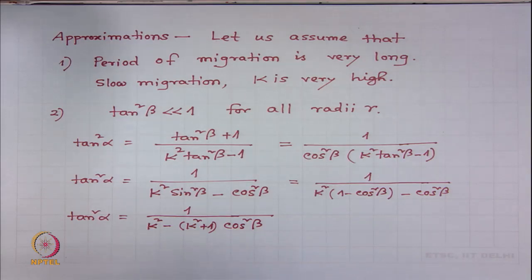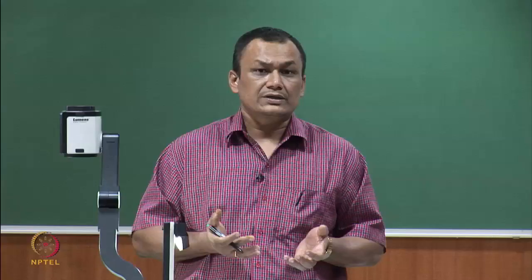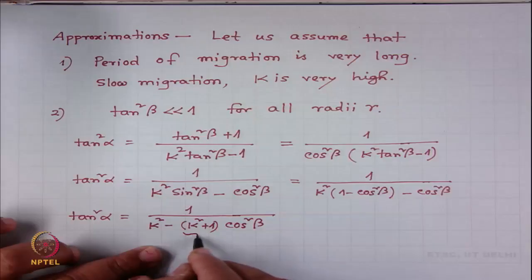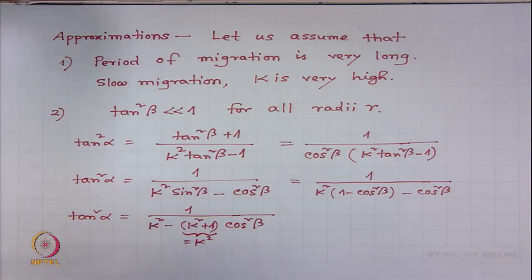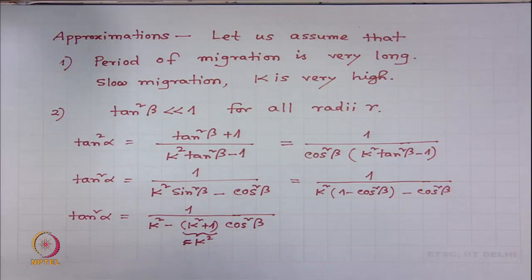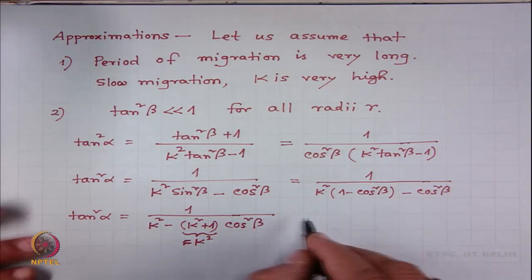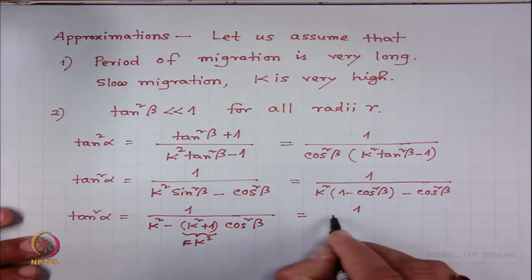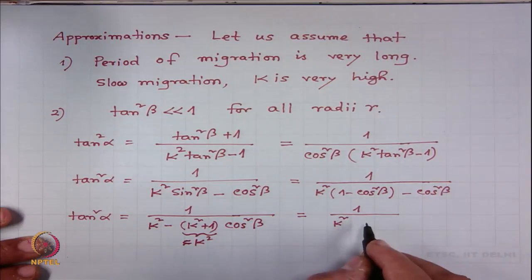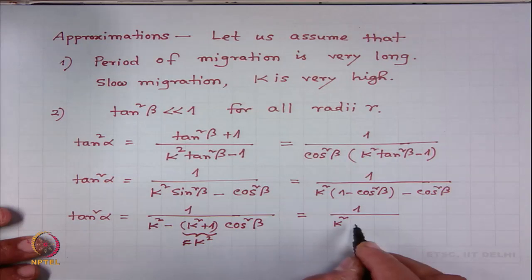So, k square is very high, k square plus 1 is a very high quantity, plus 1 remains very high. Approximately equal to k square. Then it becomes k square into 1 minus cos square beta. So, k square sin square beta.